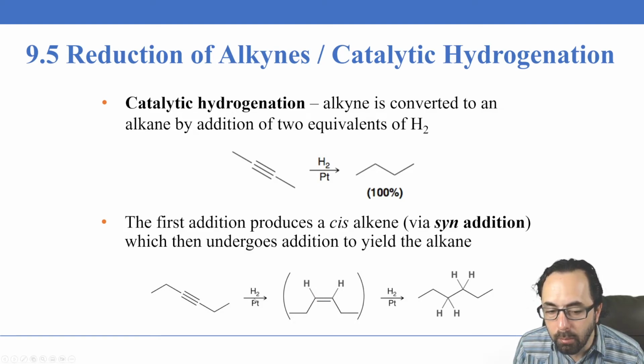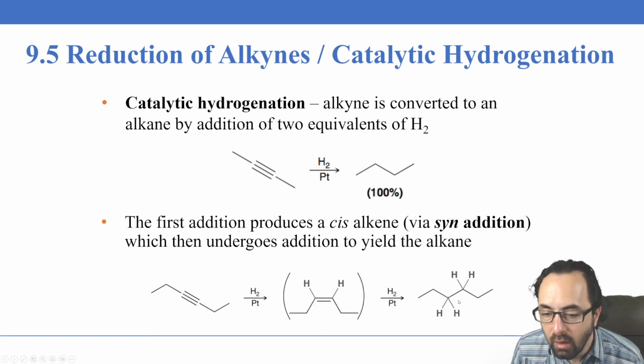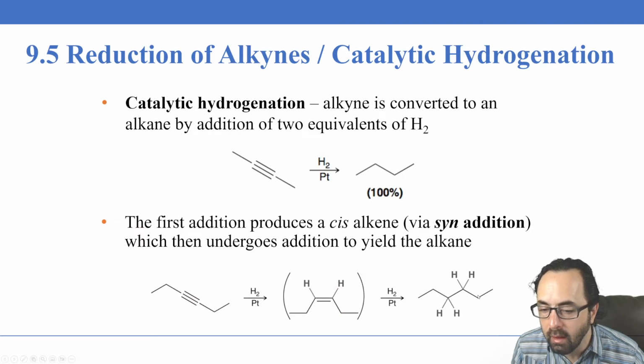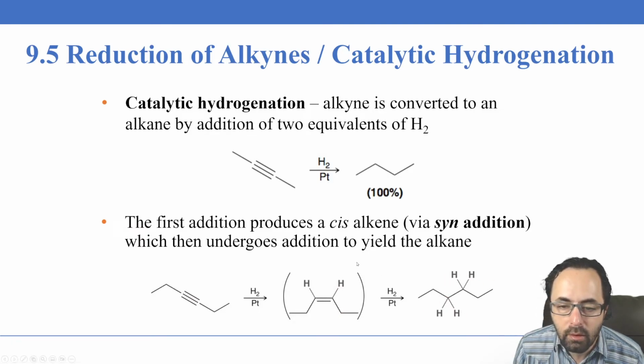But given that usually there will often be an excess of hydrogen, this will go on to quickly produce the completely hydrogenated form here, where the triple bond is no longer there. We added 2 hydrogens, got a double bond, and then we added 2 hydrogens again, and then it's a single bond. And we've added 4 hydrogen atoms altogether, 2 on each carbon.